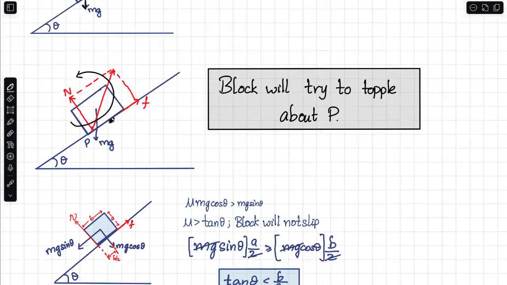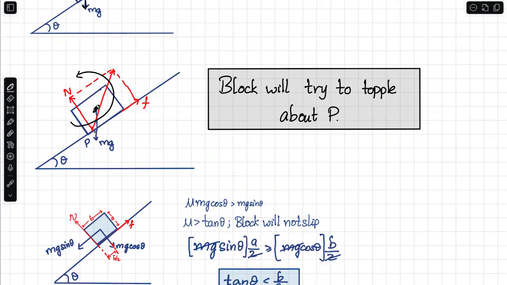Suppose the resultant contact force is not passing through the center of mass, rather it is passing through a line below the center of mass. Now, about the center of mass, there are only two forces. One, the weight, the other is the resultant reaction force.